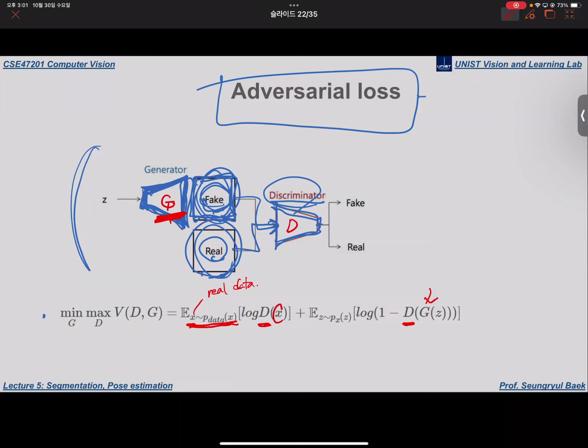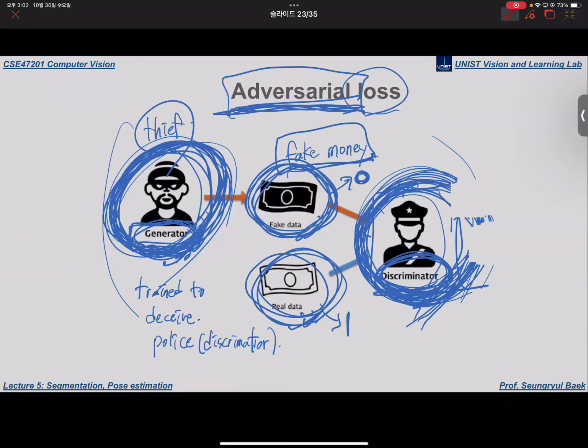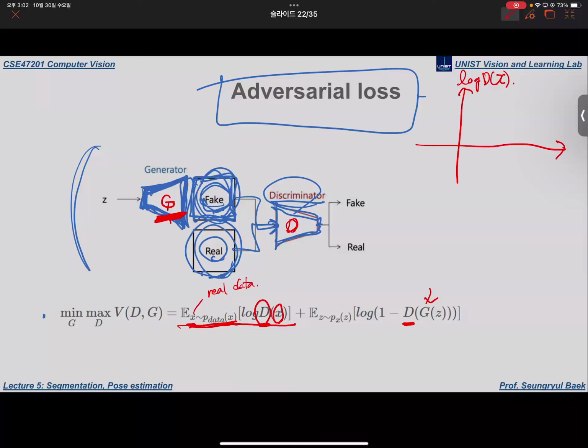And if we input X to the discriminator, then this is the log function and D of X, okay? And D will output values from 0 to 1 because it is a binary classification algorithm. So when we input some input to D, it will output only a value from 0 to 1.